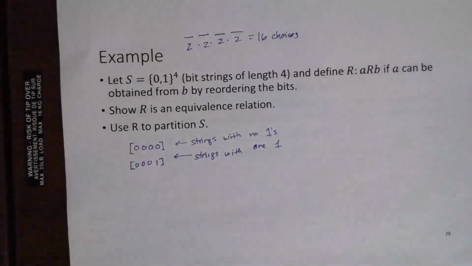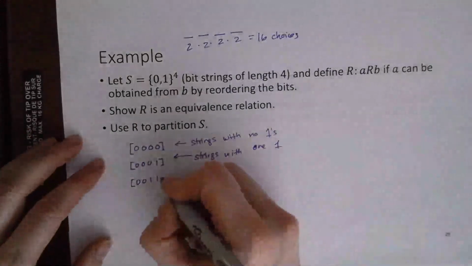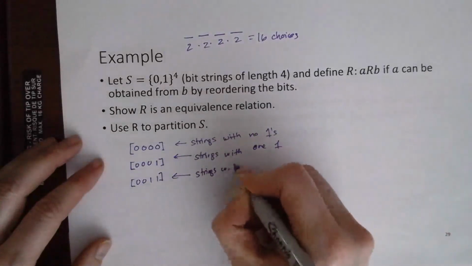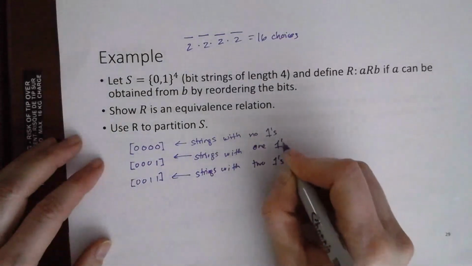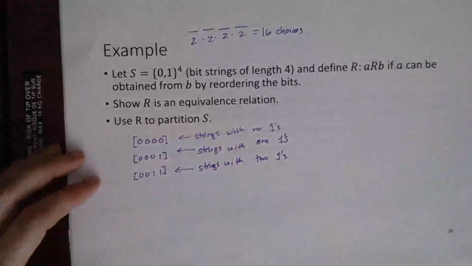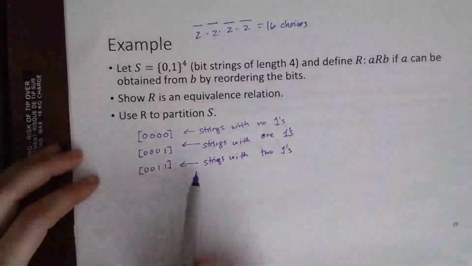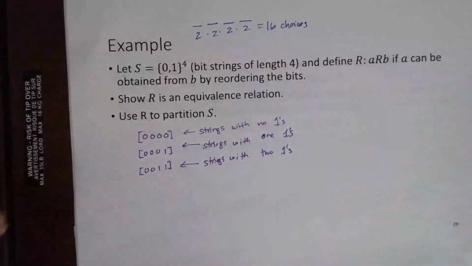Okay, what's my next representative string? Yeah, 2 of each, so 0, 0, 1, 1. Let's just make it like that. So it'll be strings with 2 ones. There's a bunch of them in there, right? So I could have 1, 1, 0, 0, 1, 0, 1, 0, 1, 0, 0, 1, 0, 1, 1, 0, 0, 1, 1, 0, 0, 1.